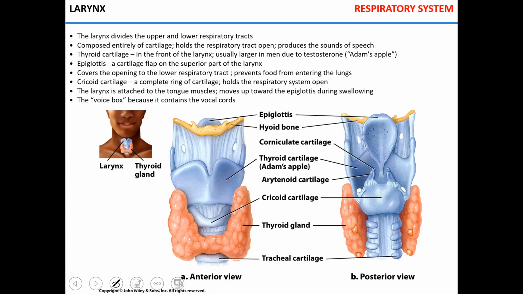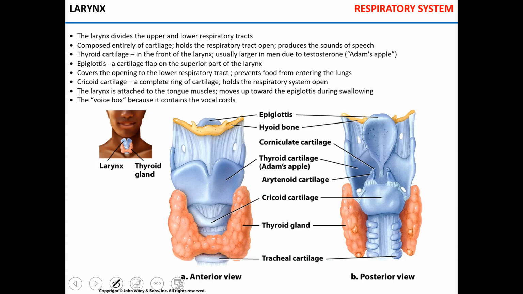Now, the larynx is the last structure of the upper respiratory tract before the lower respiratory tract commences. It is composed of cartilage, and it keeps the respiratory tract open. That cartilage prevents your respiratory tract from collapsing.